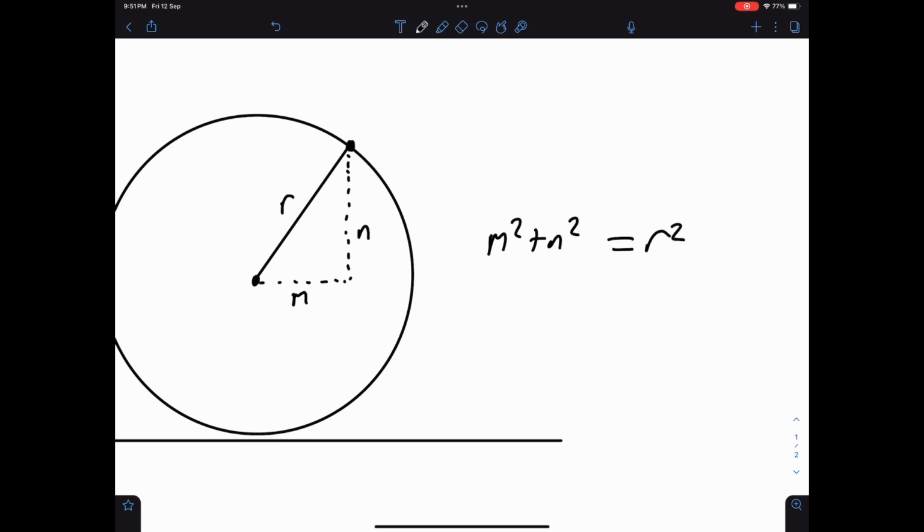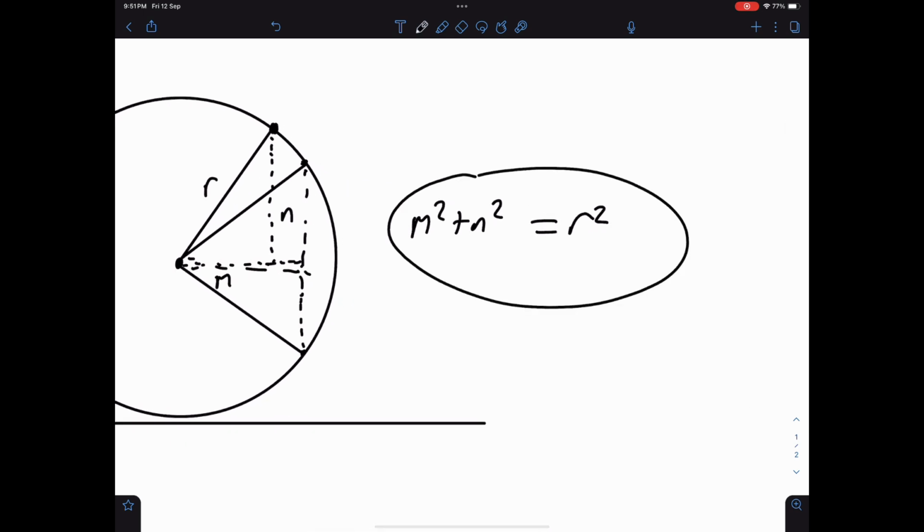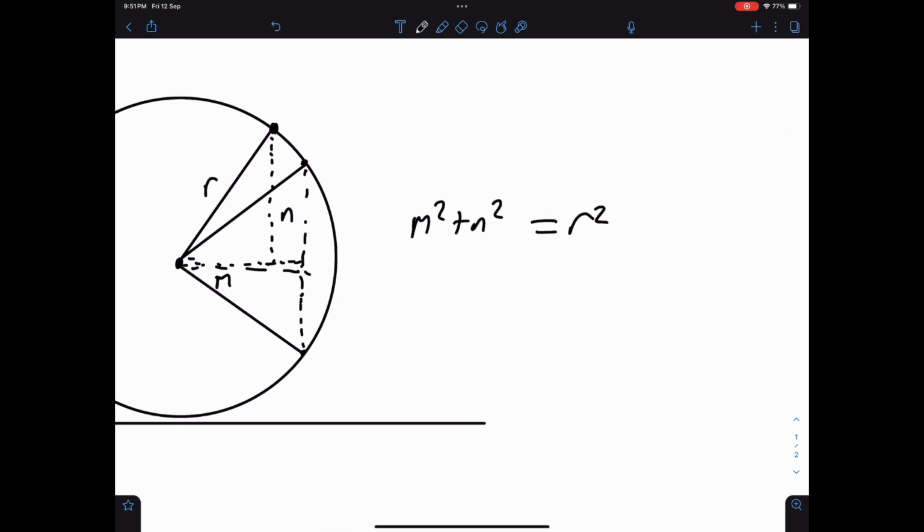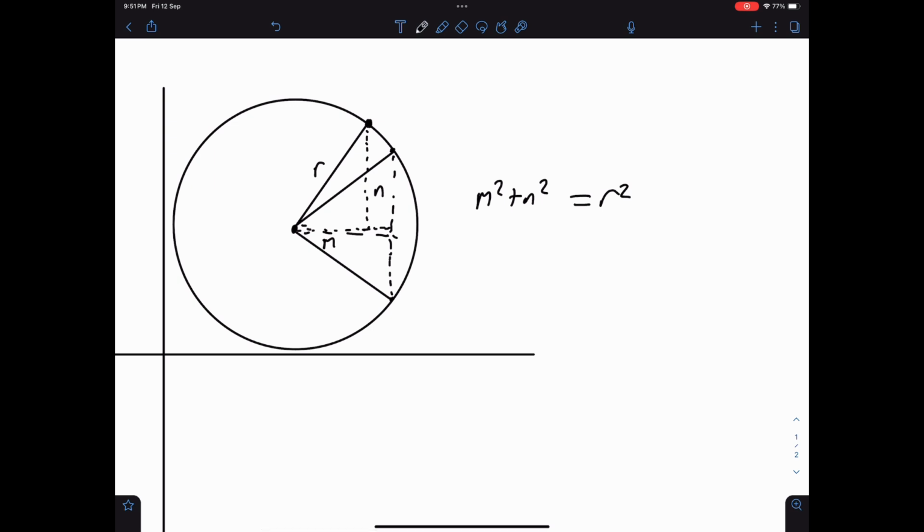And if you rotate this around, it's essentially just for any m and n. So we can use this as a way to express any points that satisfy m squared plus n squared equals r squared, and that is going to be our circle, right?